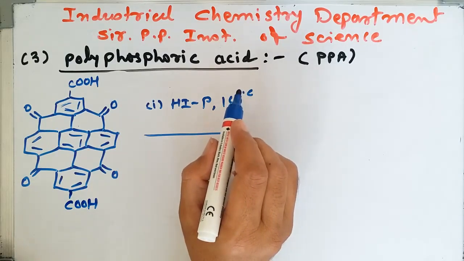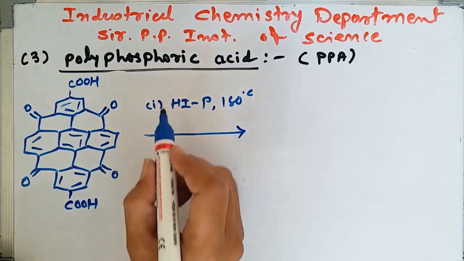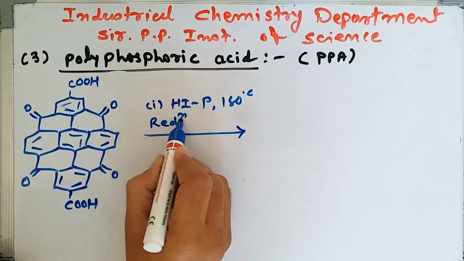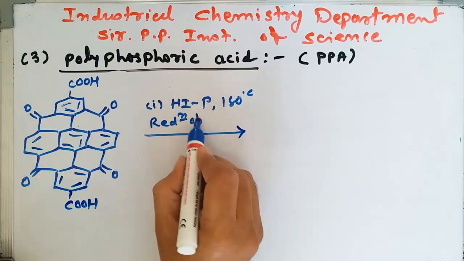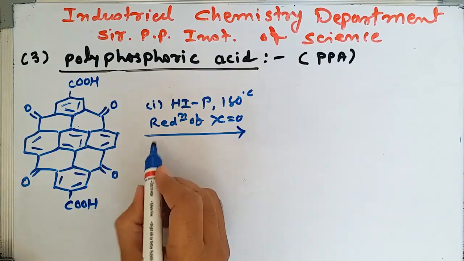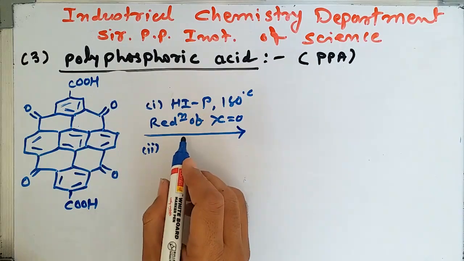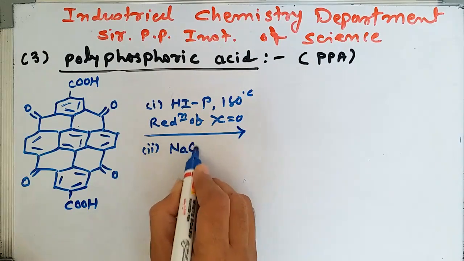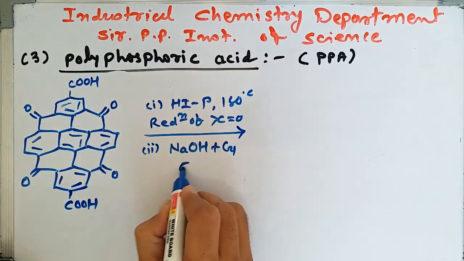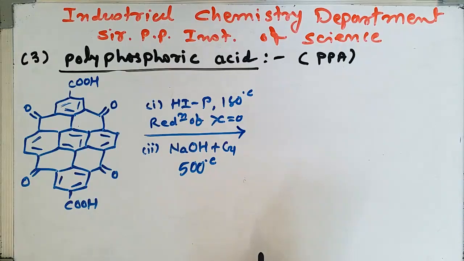So reduction of the ketonic group takes place. And second, it is treated with NaOH plus Cu at 500 degrees Celsius.